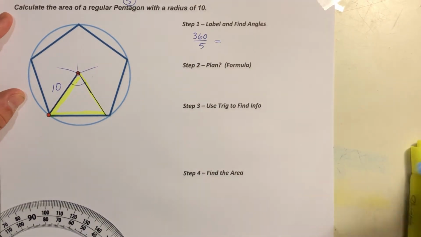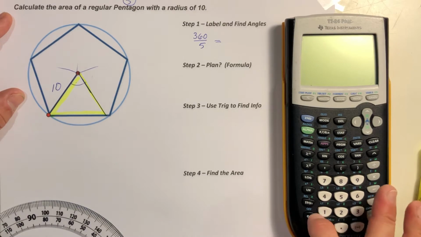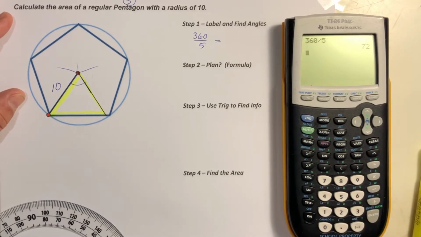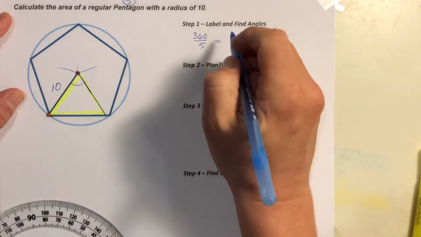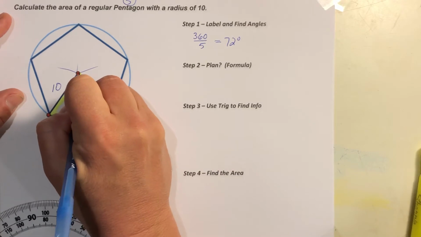So 360 divided by 5 is 72 degrees. So that means this central angle is 72 degrees.